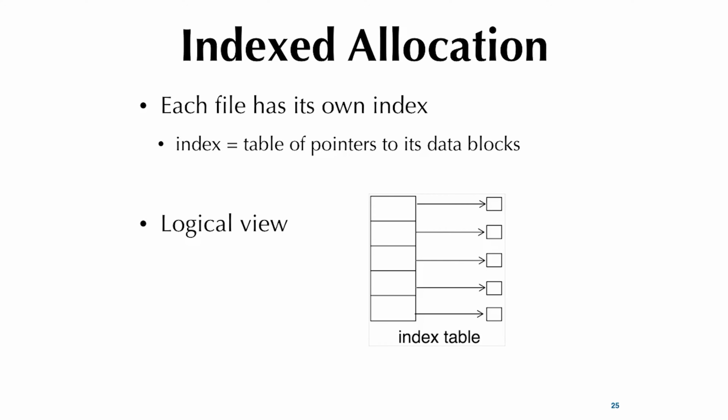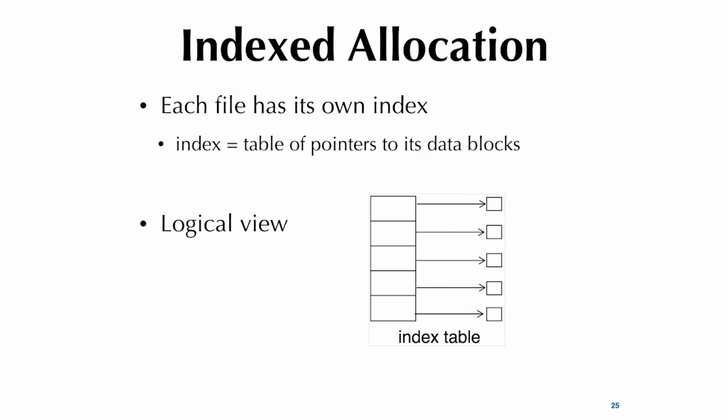So think of it as a mini FAT, where the array points to the block numbers. Unlike FAT, which is for the entire volume, this is on a file-by-file basis.